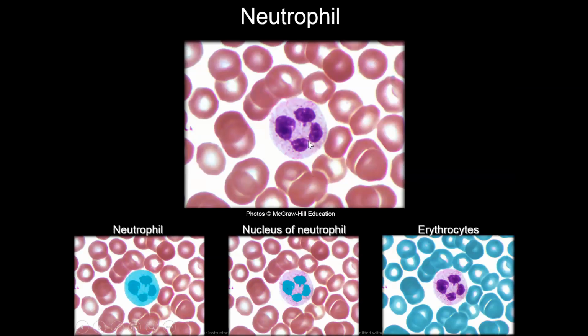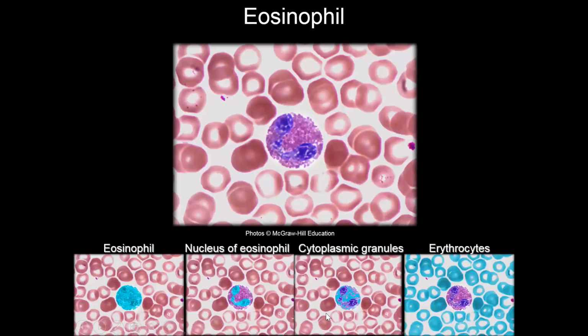Once again, this is a neutrophil. It's a multi-lobed nucleus. The granulocytes stain kind of purplish, a cross between pink and blue. The little red things around it are the erythrocytes, the red blood cells. The eosinophil is not multi-lobed, but it's bilobed, and it's pretty big.